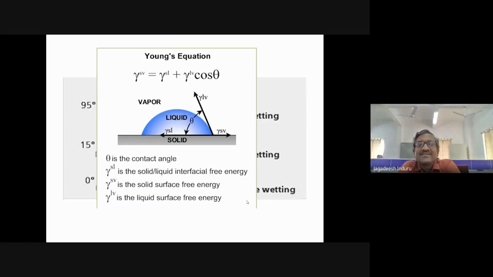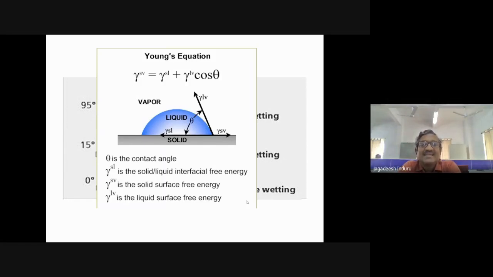Another one is a slant line, that is a tangent to your liquid, that is gamma LV, the liquid vapor interface, that is gaseous phase and liquid phase interface. There is another one present on the x-axis, that is the solid liquid interface. The angle between gamma SL and gamma LV is called your contact angle. So the contact angle is theta.